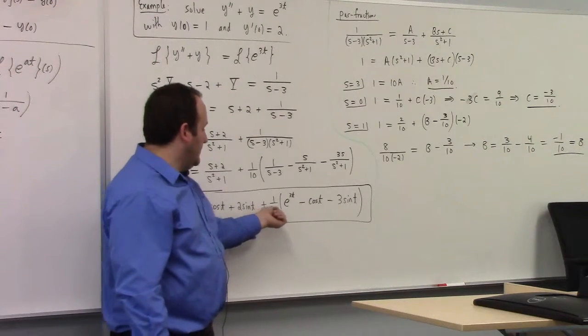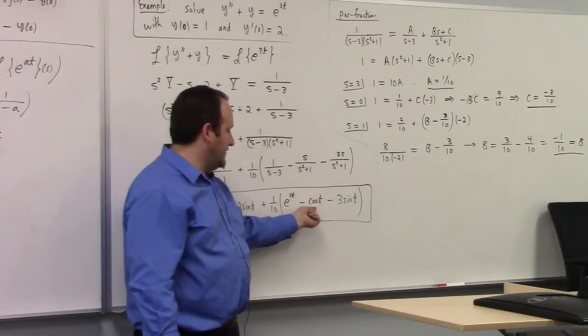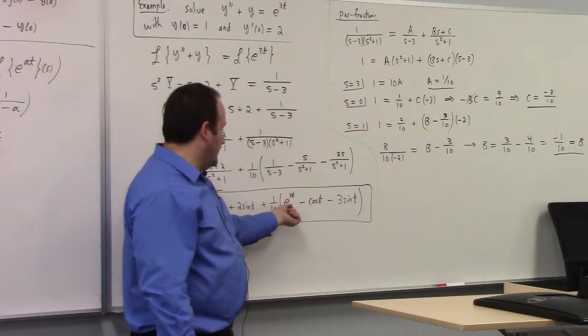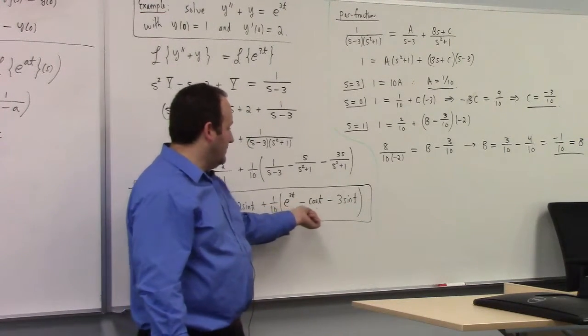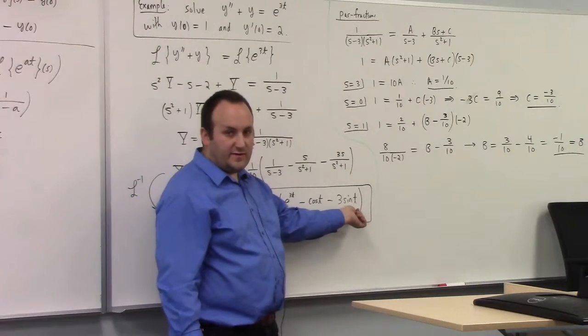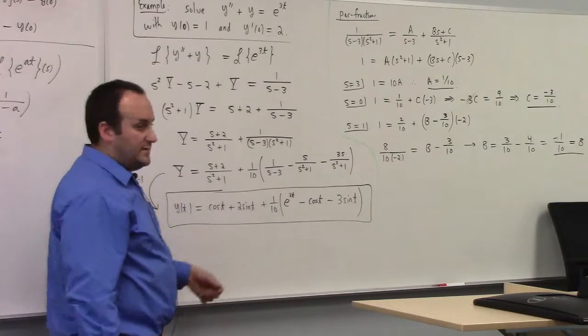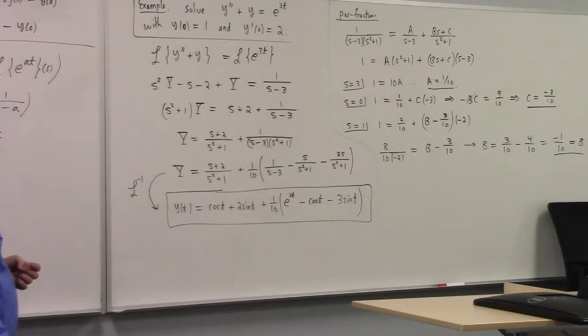Over here we get 3 exponentials. This changes to sine, that changes to 3 cosine. So you get, again, 3 minus 3 when you plug in 0, and this just gives you the 2 cosine of 0. But, yeah, there it is. Of course, you can rewrite this and group the cosines together to make a nice, pretty solution.